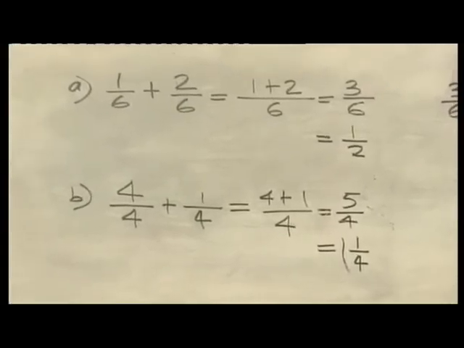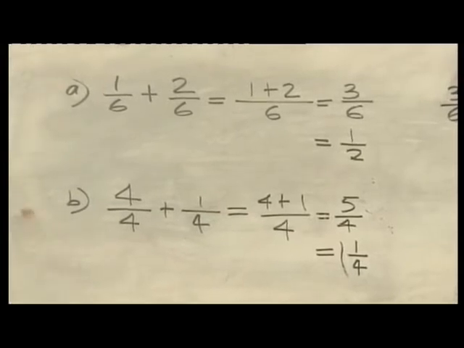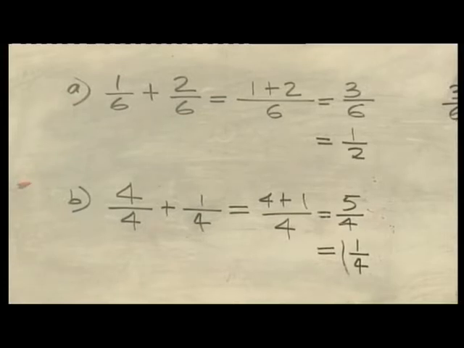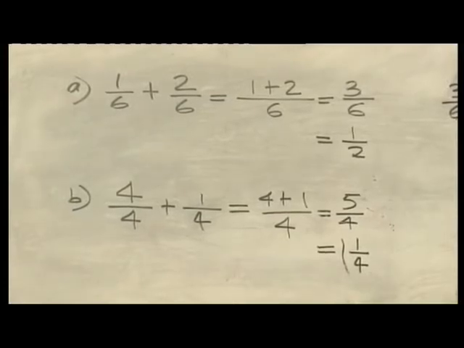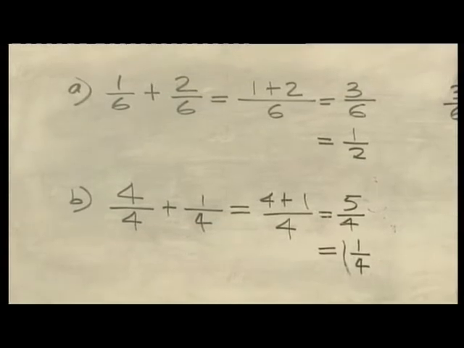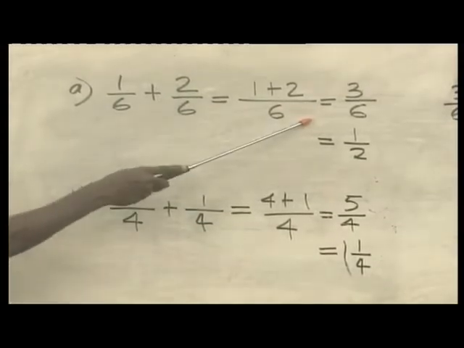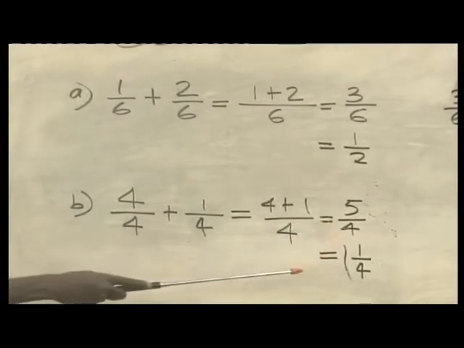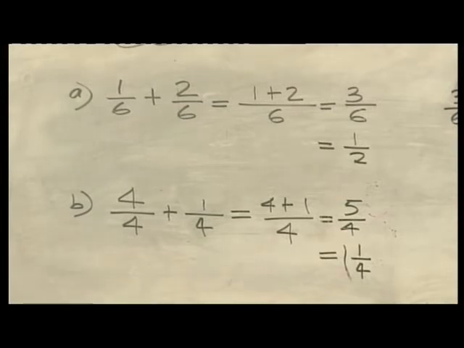So students, what I have shown you are 2 different examples when you are adding fractions with the same denominator. Sometimes you will simplify fractions. Sometimes you will change the improper fraction to a mixed number. So be mindful of these examples when you are doing your exercise.